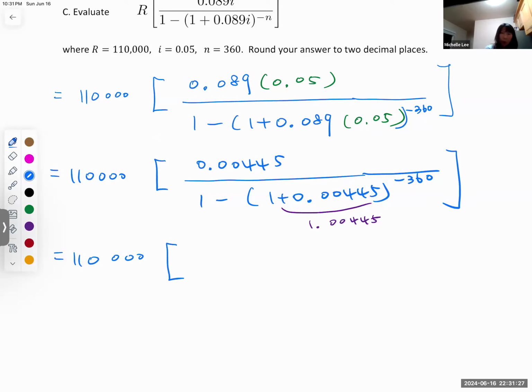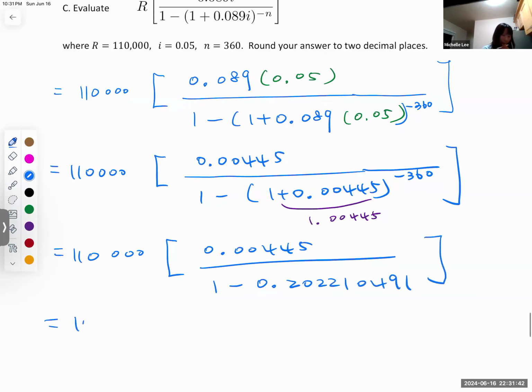So we get this one. 1 minus 0.202210491. So this will be 0.00445 over 0.797789509.